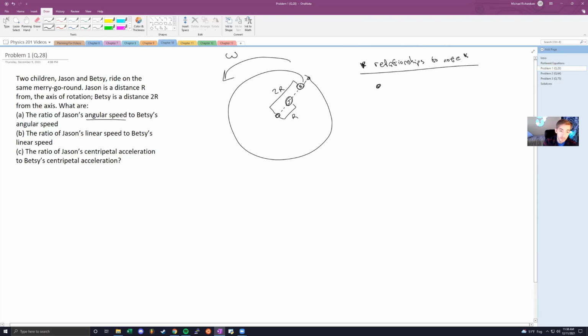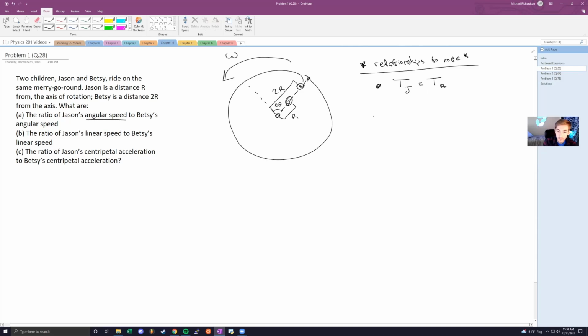Because if we now consider, instead of the actual distance that they go, some displacement delta theta, well, they just so happen to be in the exact same axis the entire time that they are going around. When I say the exact same axis, I mean they're in line with each other, not necessarily that they're completely constrained to the x-axis at all times. So what we can say about this then is that the period of Jason is going to be the exact same as the period of Betsy.